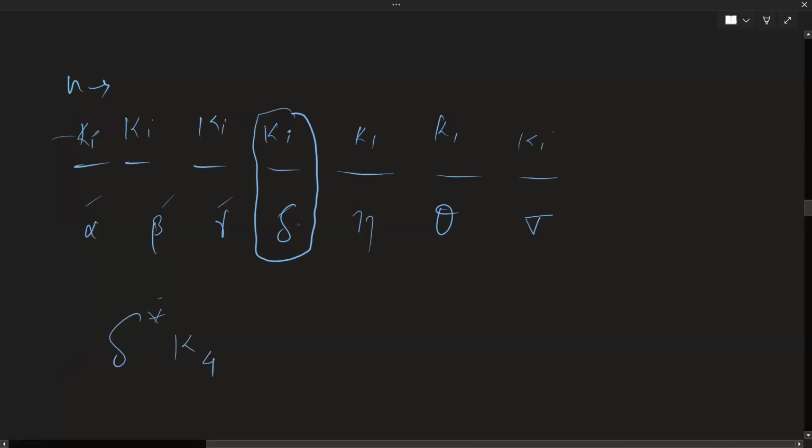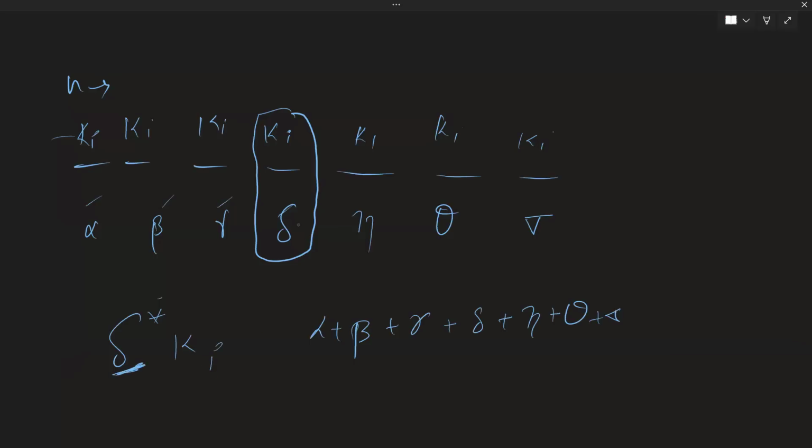And how many coins would I have bet? I had bet alpha plus beta plus gamma plus delta plus eta plus theta plus sigma. Right? Yes, no? So I want this variable multiplied by ki to be more than this thing.